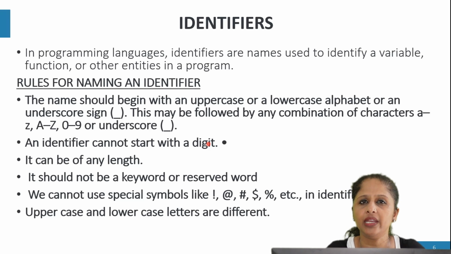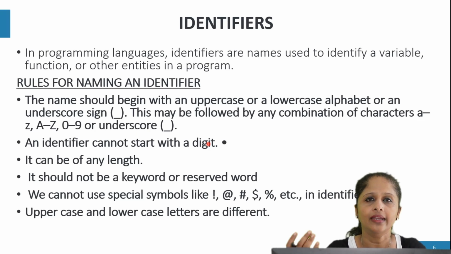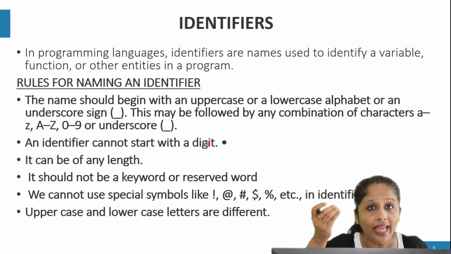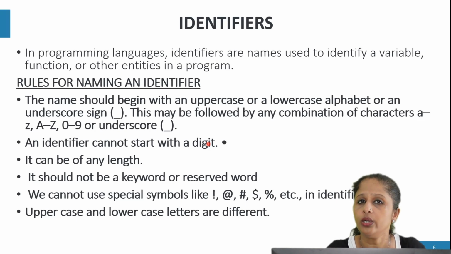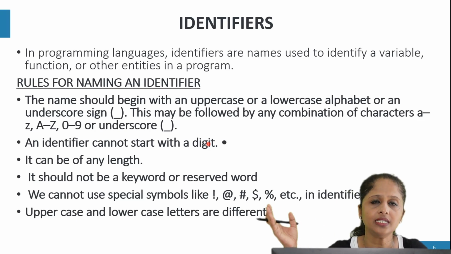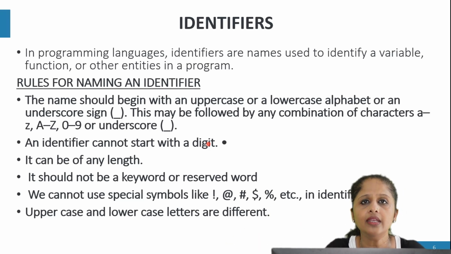A variable may be a letter like x, let x is equal to, or y. These are all variables, and the constants are numbers like 10, 20, 30, 20.5. The variables are those whose values are varying. So those variable names are identifiers. Not only variable names, we have functions, entities, so many other things are there.